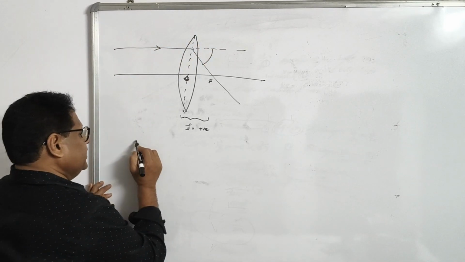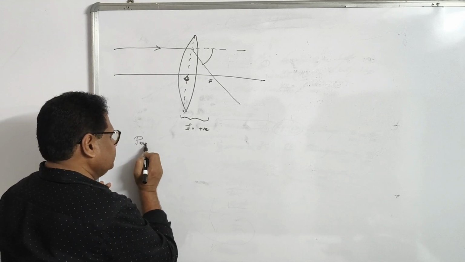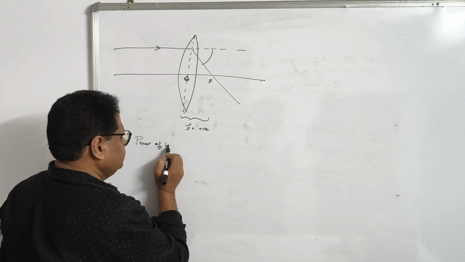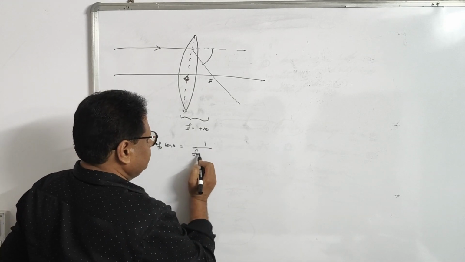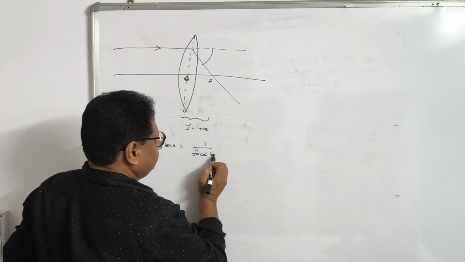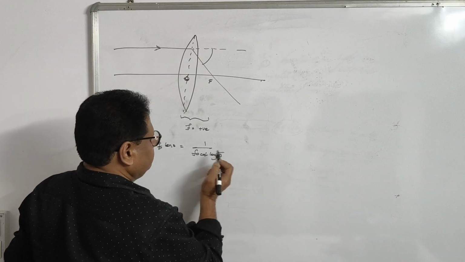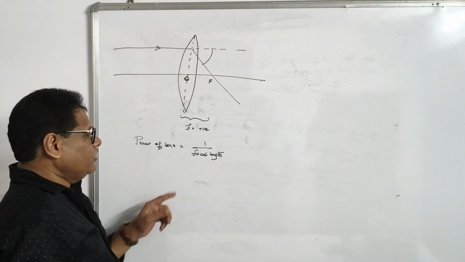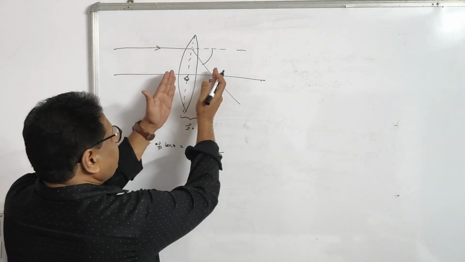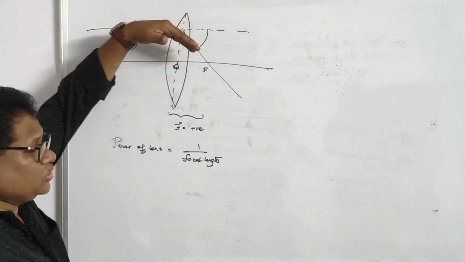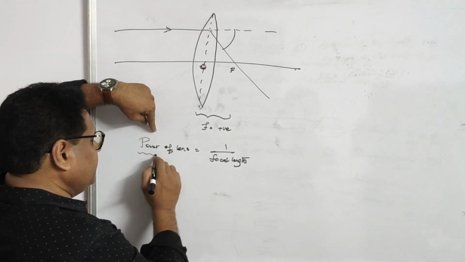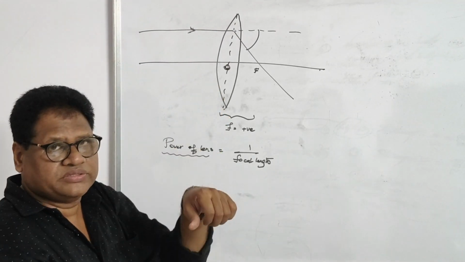Now mathematically, the power of a lens is the reciprocal of focal length. Why reciprocal? Because the lesser the focal length, the more is the power of convergence. So the power of the lens is inversely proportional to the focal length.